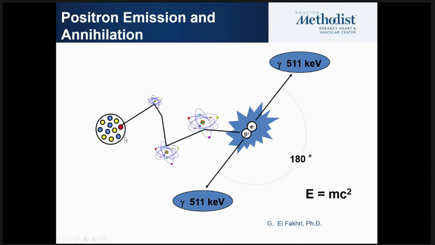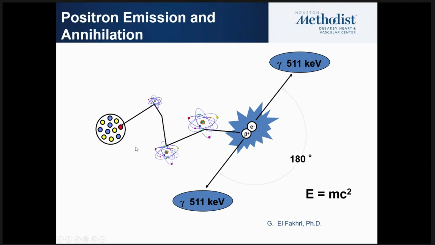It's among the highest energy compared to the other radiotracers. It's a potassium analog, so it will get into the myocardial cell inside that potassium, and then it will annihilate, but because it's higher energy, it will move a little bit before it annihilates and gives the two gamma rays.